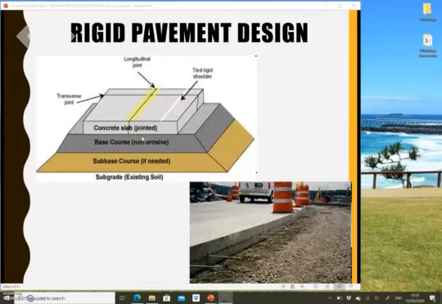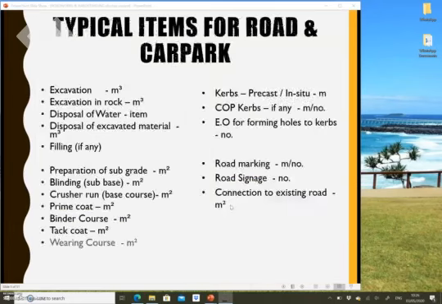So for the rigid pavement, it's normally in layers as well, but it's a very limited layers compared to the flexible pavement just now. But what makes it different is it has the expansion joint between the concrete slab on the upper part of the rigid pavement. If you can look at this is example of the rigid pavement.